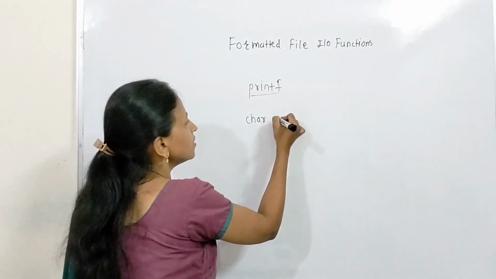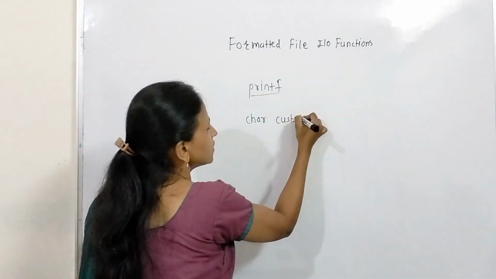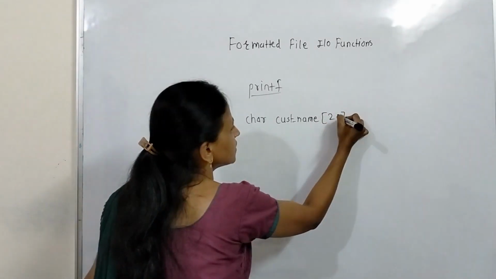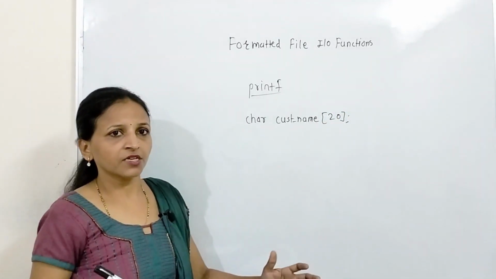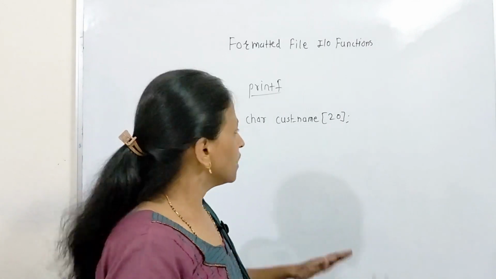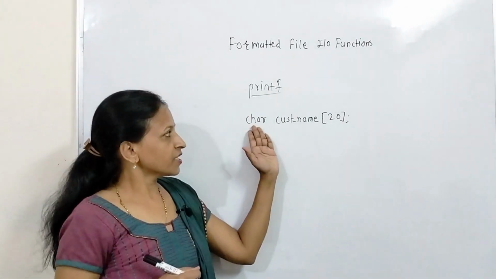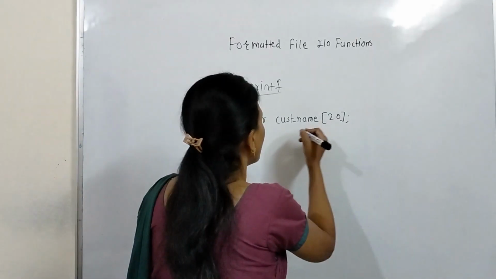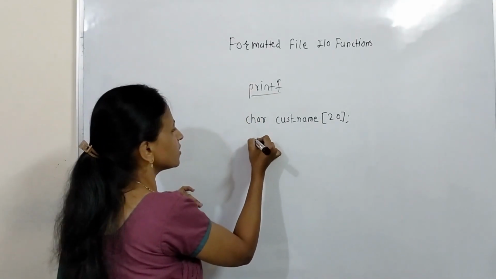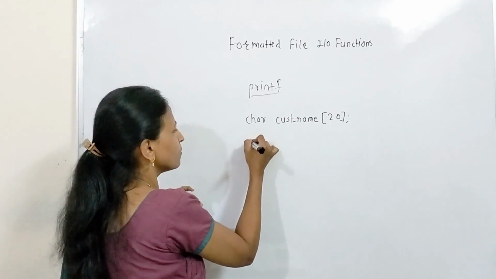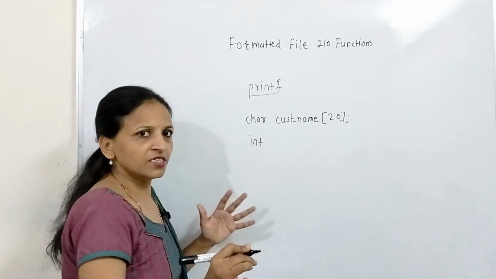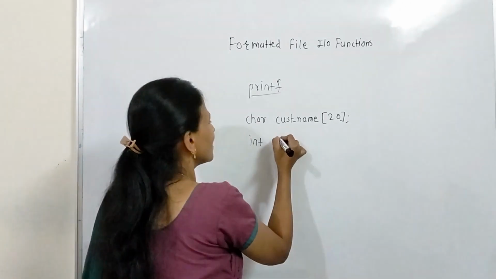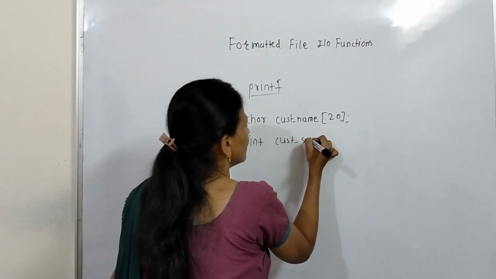A character array cust_name with size 20, considering only the first name of the customer, and this is a string. A character array can hold a string type value. The next one is customer salary, which may be of type integer or long integer. Here I am considering only integer, like cust_salary.